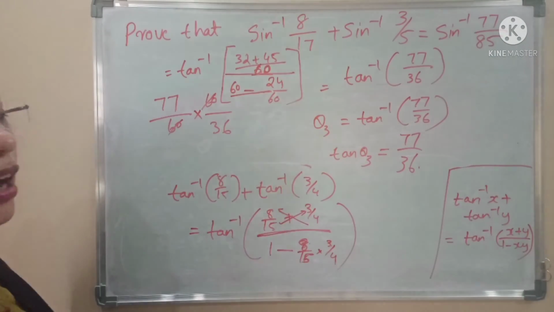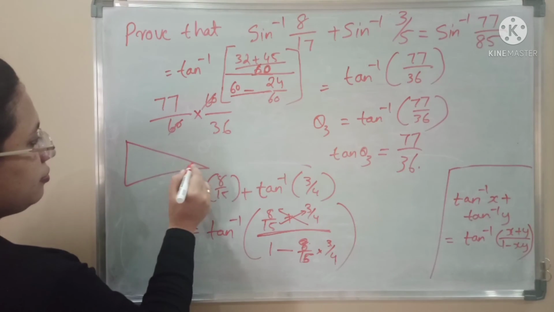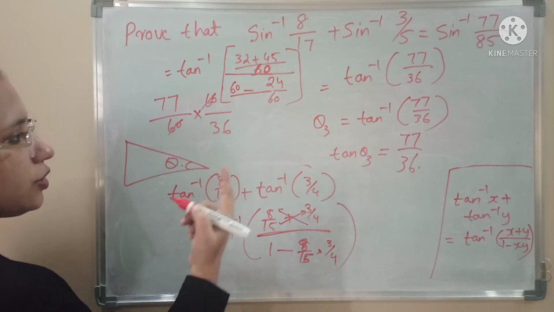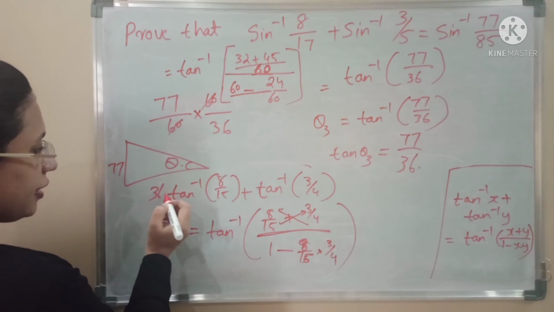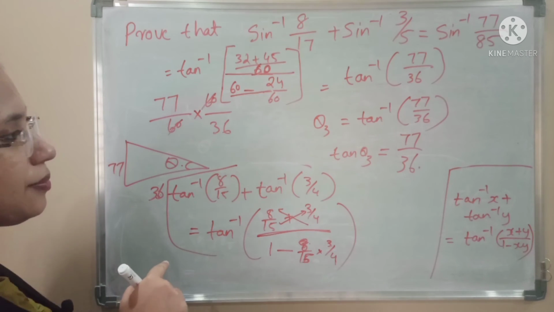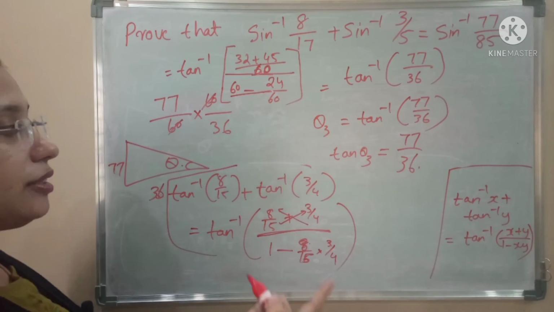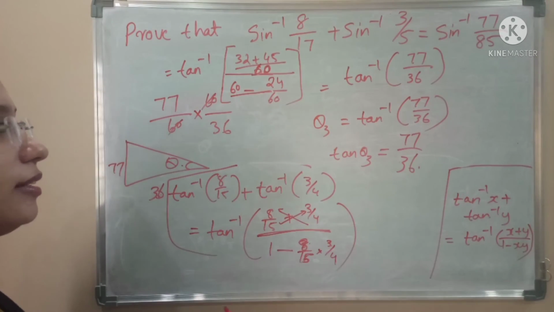So from tan, how to get sine? Again draw a triangle, theta. Tan means opposite side by adjacent side. So what is sine?